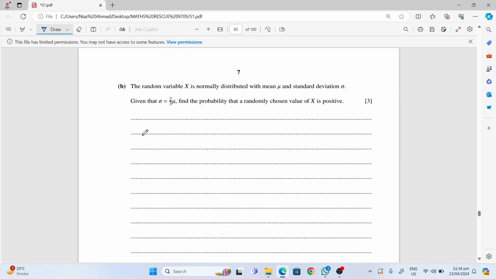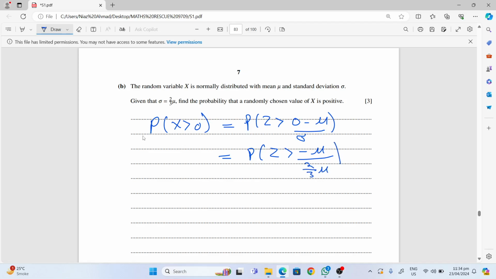In part B, the random variable x is normally distributed with mean mu and standard deviation sigma. Given that sigma is this, so you can say the probability of x greater than 0 is equal to probability of z greater than 0 minus mu over sigma. So this is probability of z greater than minus mu over 2 by 3 of mu.